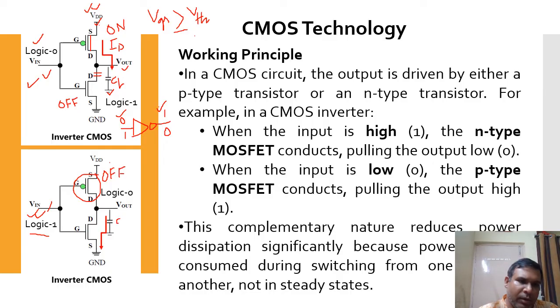Here you can see I added one load capacitor across the output. Now if the input voltage is 1, and we measure the output voltage, if there is no charge, meaning the load capacitor is unpolarized, then across the load capacitor we will get zero voltage.